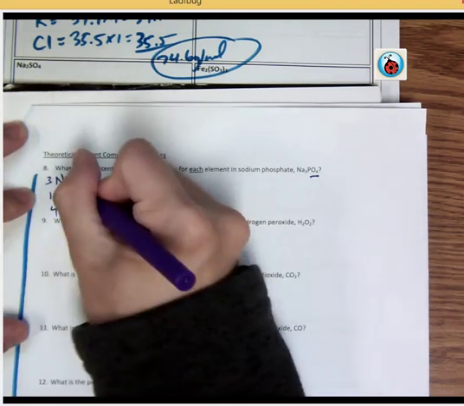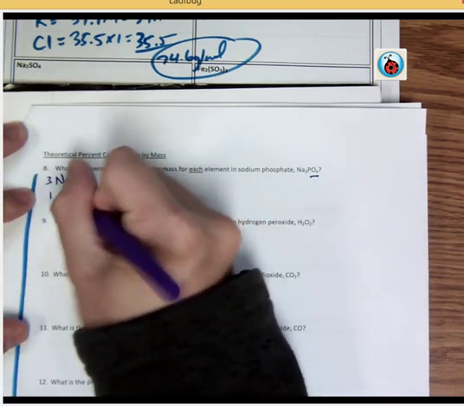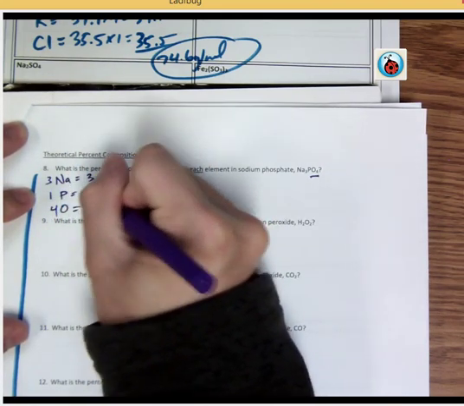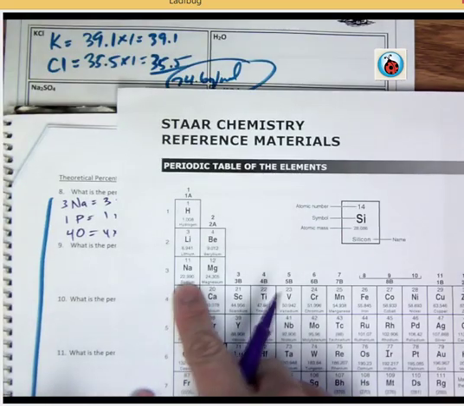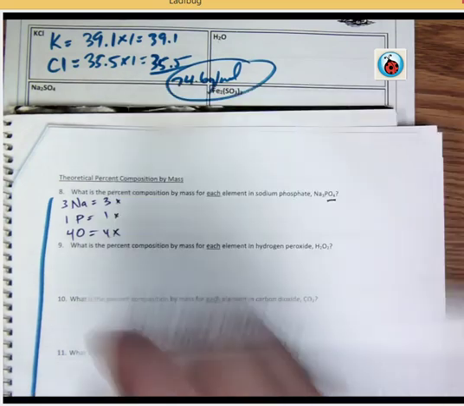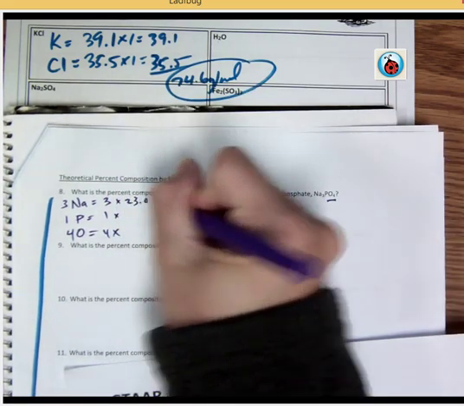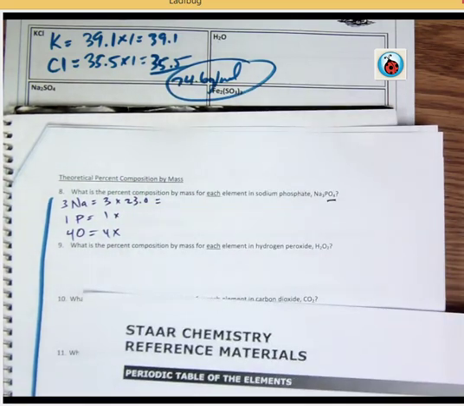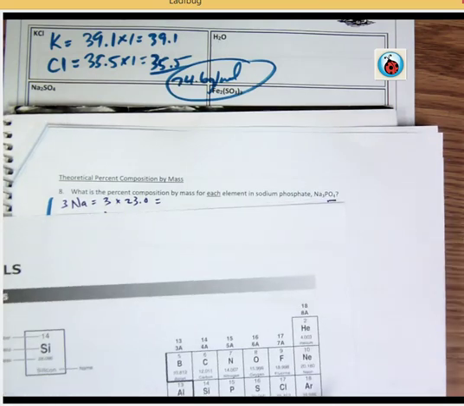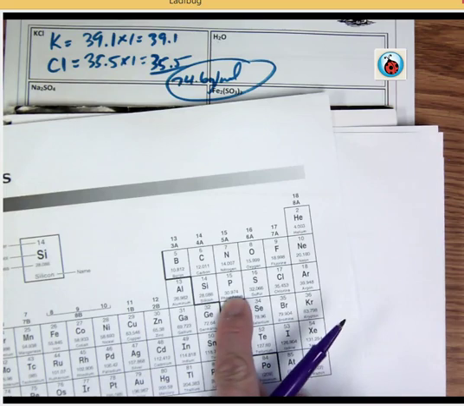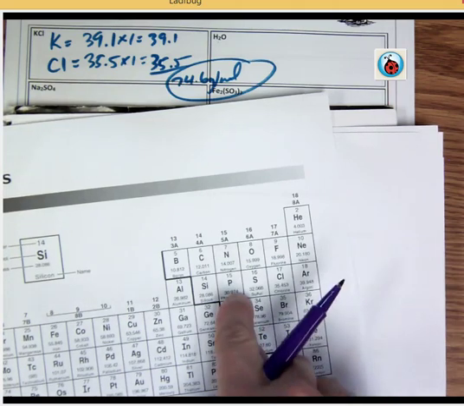So we get the mass of each element, which is 3, 1, and 4 times the mass of each of them. Sodium on the periodic table is 22.99, so we'll round that to 23.0. Always keep it to the tenth place, which is 1 decimal place. Phosphorus, 30.974. So we round that 9 up, it'll be 31.0.